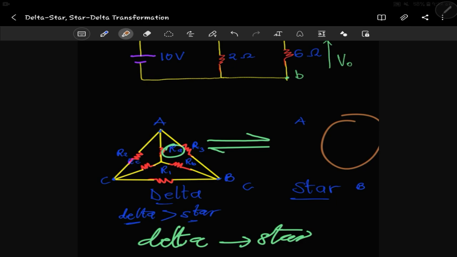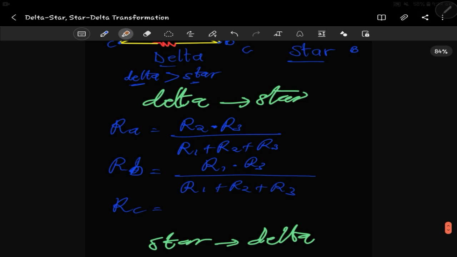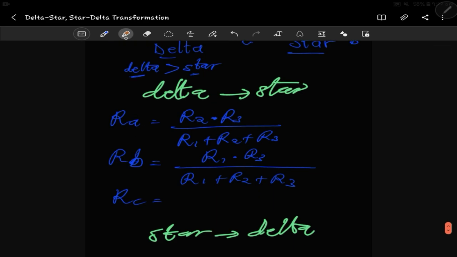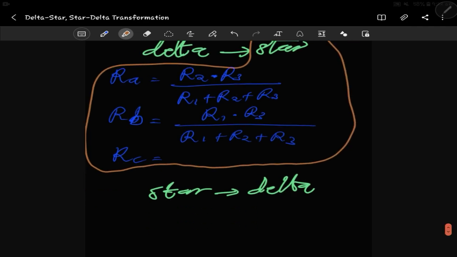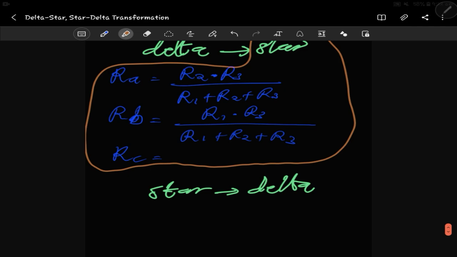So we made an assumption that the star is smaller than the delta. Looking at this formula, everything we see here is what we've converted, making sure that we get a star. So look at what we get for the delta. You can clearly see that the delta value should be bigger, right?